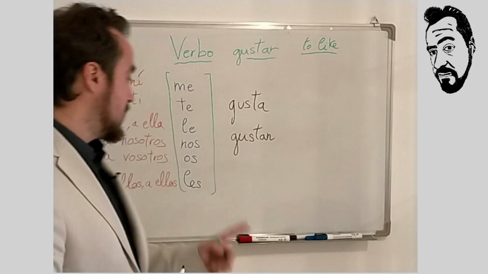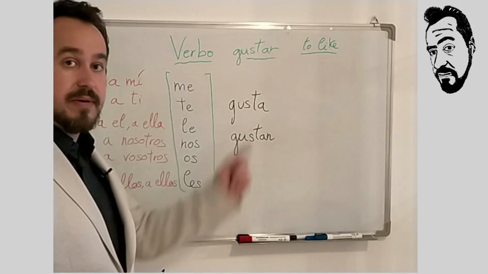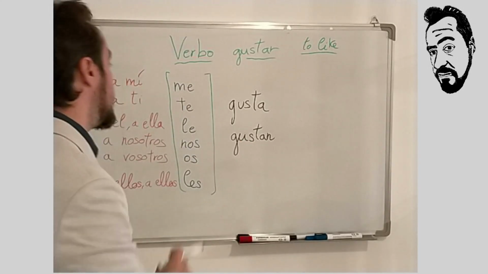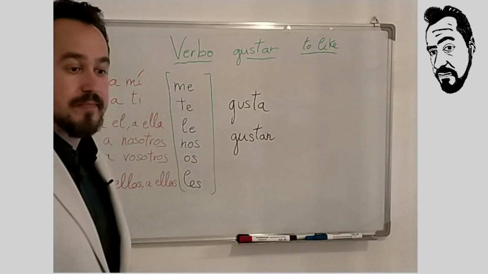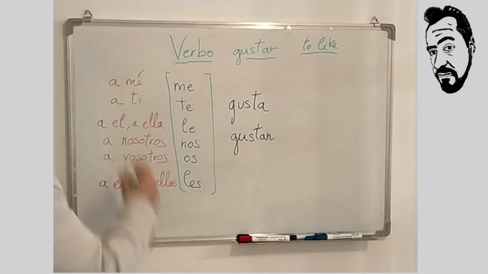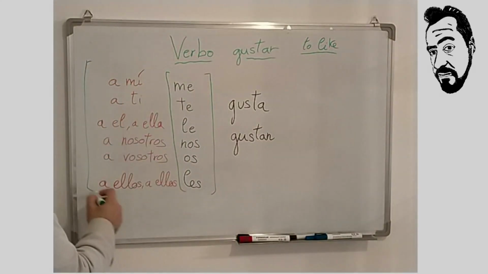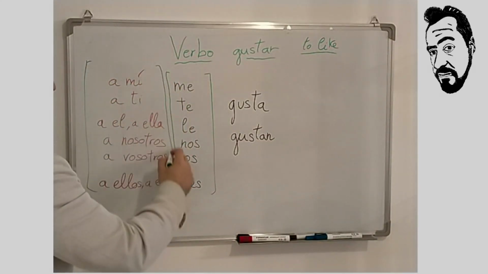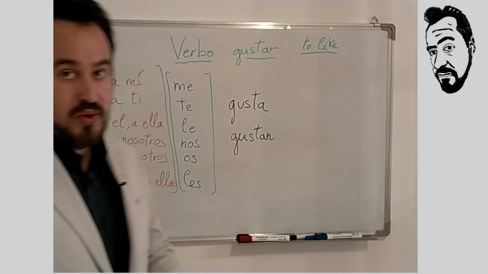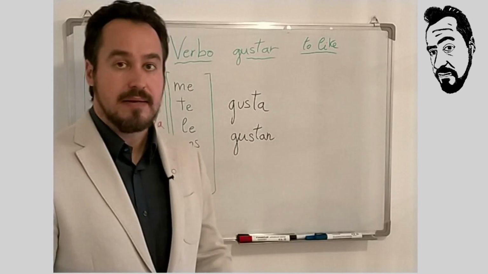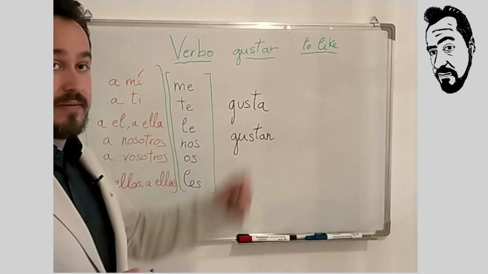You have to use these words with this verb, right? Me, te, le, nos, os, les. And then you have an optional part, which is a mí, a ti, a él, a ella, a nosotros, a vosotros, a ellos, a ellas. You're not gonna say yo, tú, él with these verbs, okay?